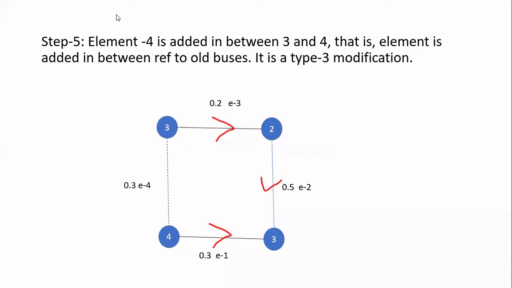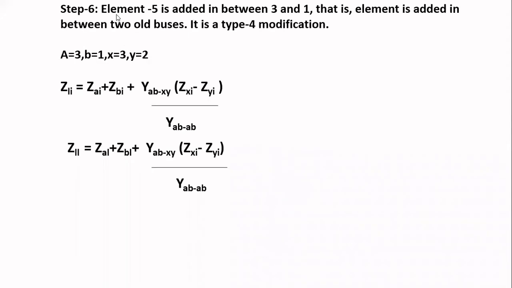Step 6: element 5 is added in between bus 3 and bus 1.